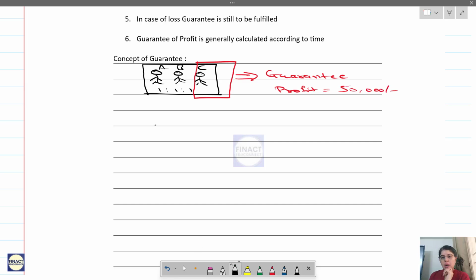Now, in a particular year the profit of the firm was 1,20,000. If I distribute this 1,20,000 among the three partners, A, B and C, each one of them will get 1/3, that is 40,000.